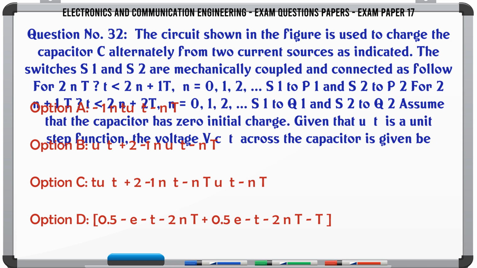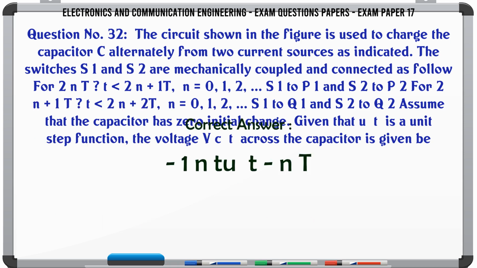Assume that the capacitor has zero initial charge. Given that u(t) is a unit step function, the voltage Vc(t) across the capacitor is given by A. 1 - ..., B. u(t) ..., C. ..., D. .... The correct answer is A.